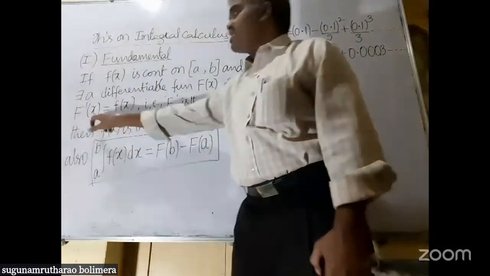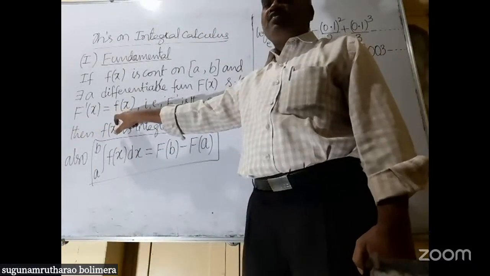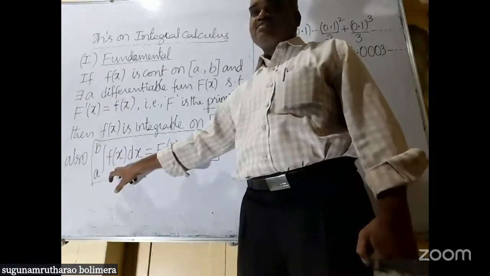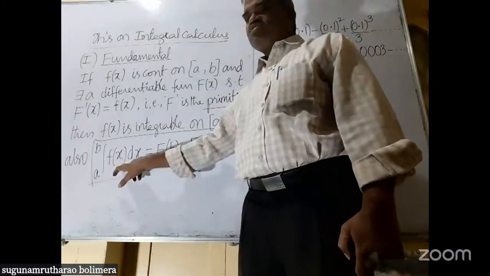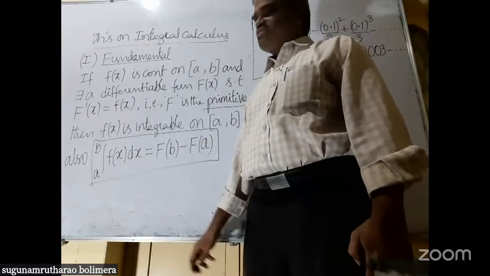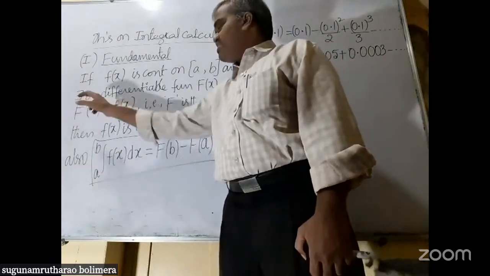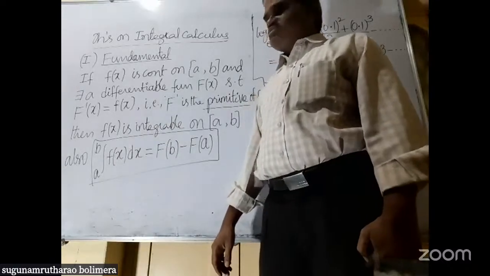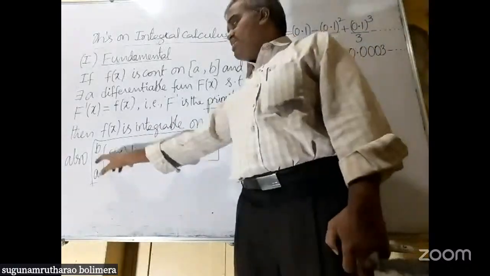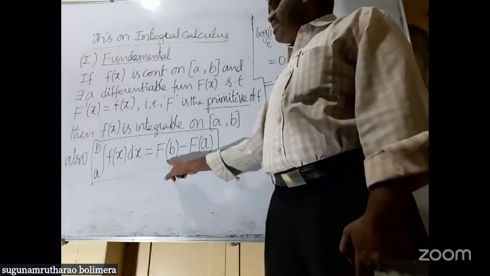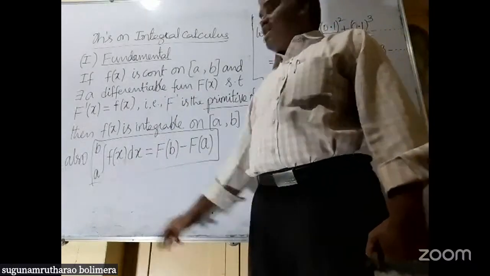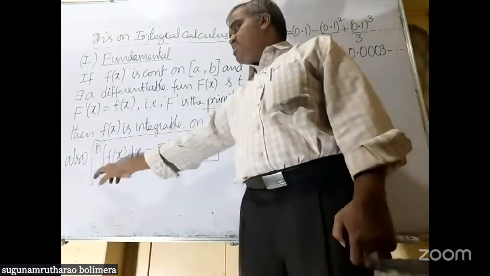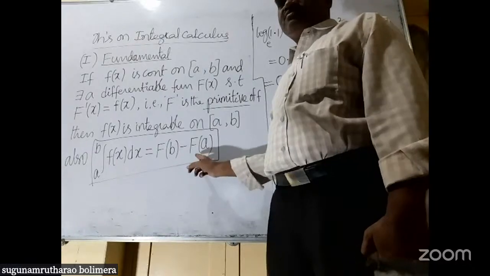Now I have written capital F dash of x equals small f of x. So in place of small f of x, if you write capital F dash of x, the integral from a to b of capital F dash of x dx equals: integration and that derivative get cancelled, so you are getting only capital F of x. On writing the upper limit b, you get capital F of b, minus the lower limit, capital F of a. So capital F of b minus capital F of a.